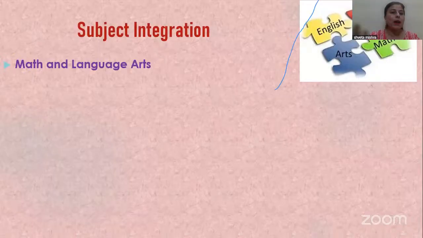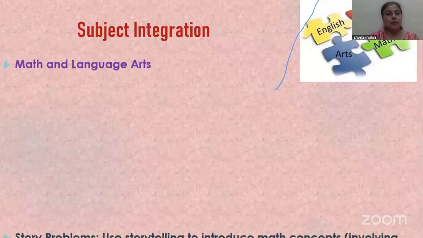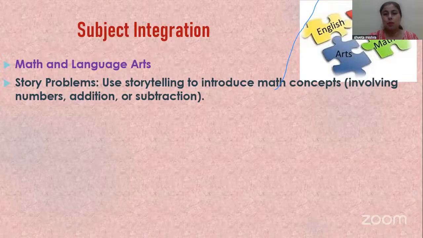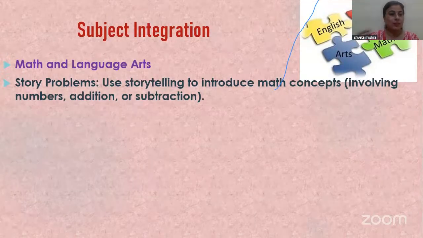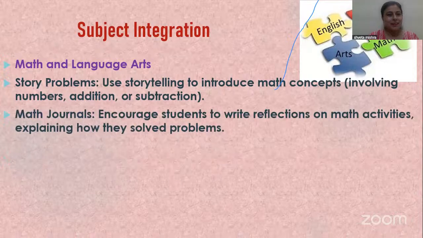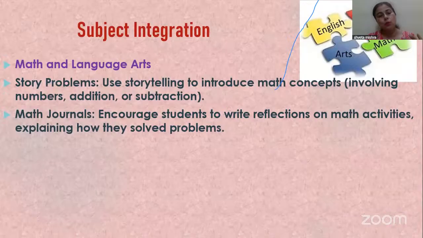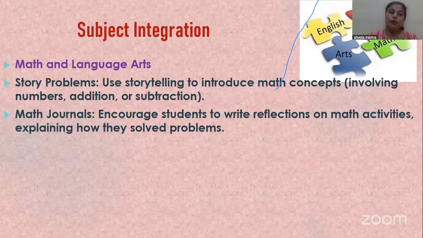Now, how math and language and arts are related. When we talk about story problems, we use storytelling to introduce math concepts involving numbers, addition, and subtraction. Then we can also take up a math journal, wherein the students should be encouraged to write a reflection of what they have done or how they have involved themselves in the solution of a problem.